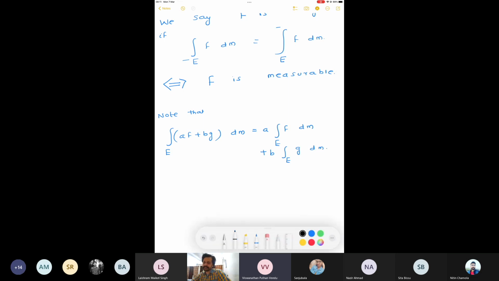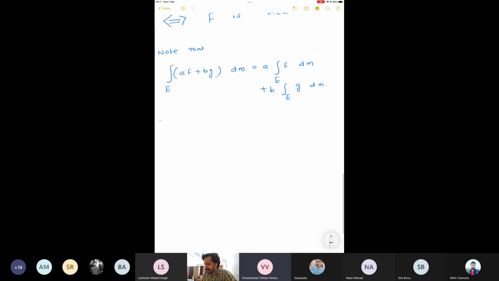We have proved this in detail. If you go through the proof, first we prove the scaling property: the integral of af dm is equal to a times the integral of f dm.